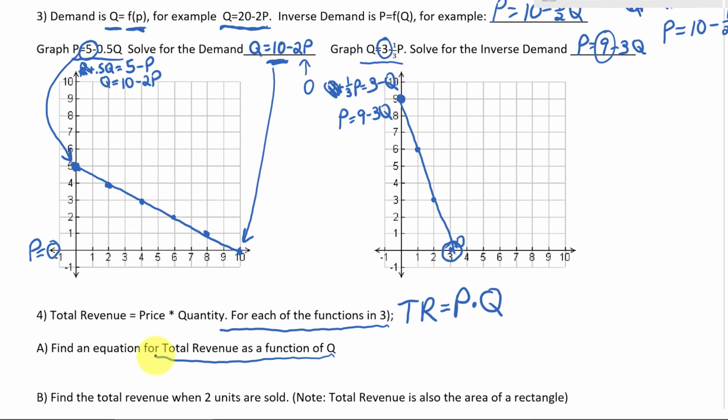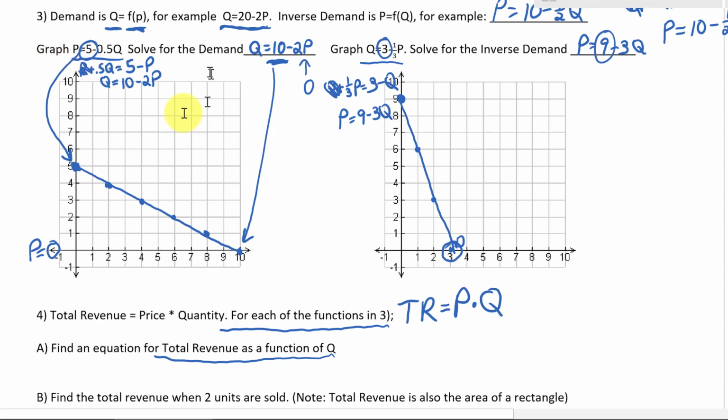Neither one is wrong, neither one is right. It just depends on what you are going to use it for. Would you rather have a function where you can plug in the quantity that you have on hand and that'll tell you total revenue? Or would you rather have a function that tells you for any price you decide to charge, what will my total revenue be? Well, they're both useful. And let me show you how you could get either one of them.